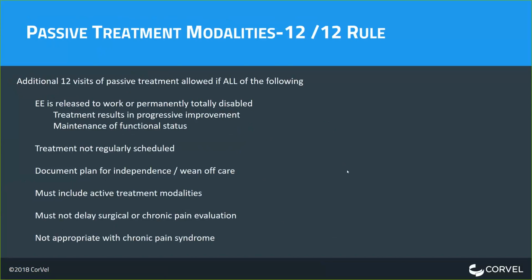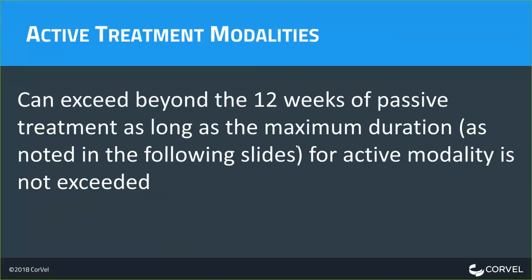The treatment must include active treatment modalities, so at the very minimal, the patient should be involved in a home exercise program that the patient is actively participating in. The treatment must not delay surgical or chronic pain evaluation, and it is not appropriate for somebody who is with chronic pain syndrome.